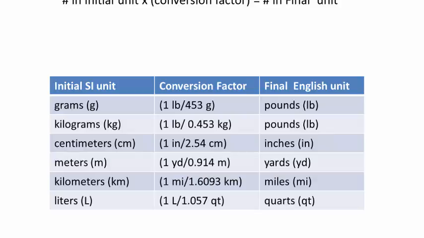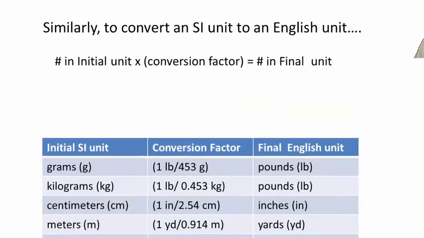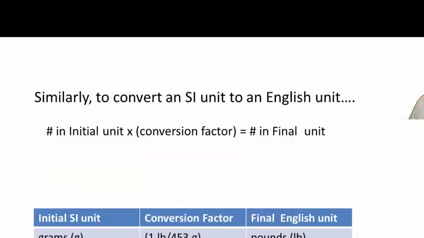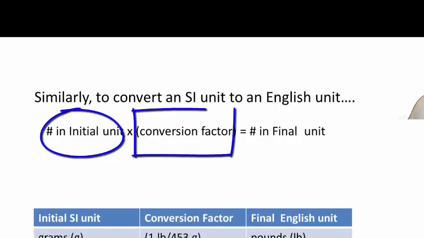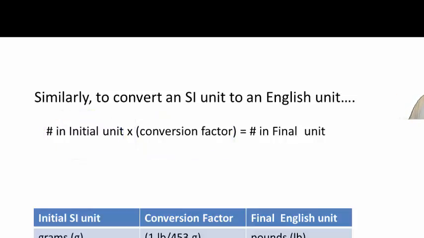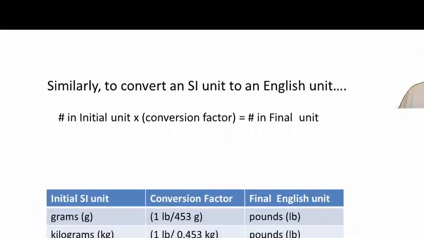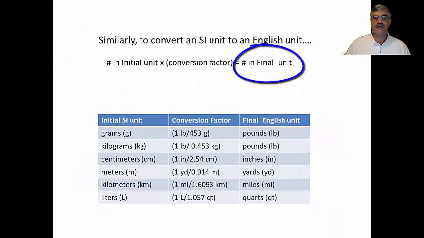We take the numerical value of the initial unit and multiply it by a conversion factor, so that the unit we want to cancel out is in the denominator, the bottom of the conversion factor, and the unit we want is in the numerator, the top of the conversion factor. We do the math and we get the value in the final unit.